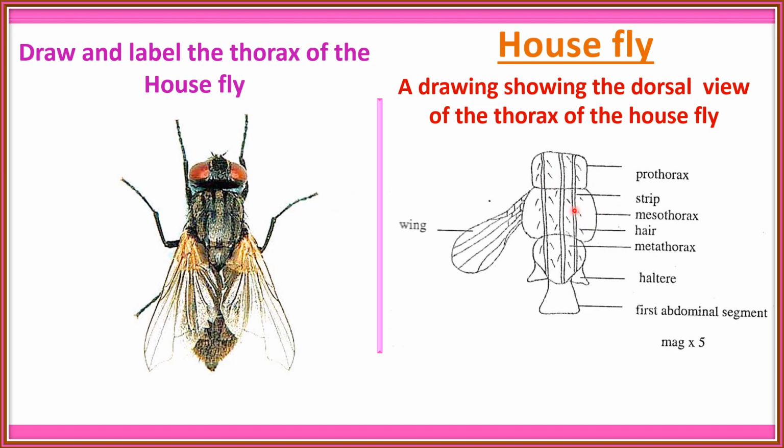The second part, the mesothorax, middle part, and then the last part, which is the metathorax. It has the wings here attached to the mesothorax, and then there are halteres which are attached on the metathorax.